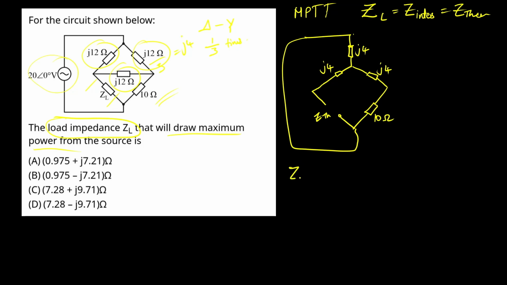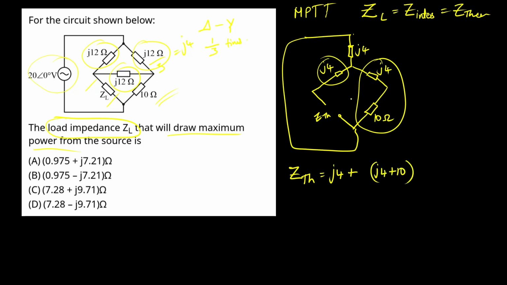So the ZTH, Thevenin's equivalent impedance, is equal to 4 ohms J4 plus, these two are in series, that is J4 plus 10. This is in parallel with J4, this one. So simply you can write it like this: in parallel with J4.